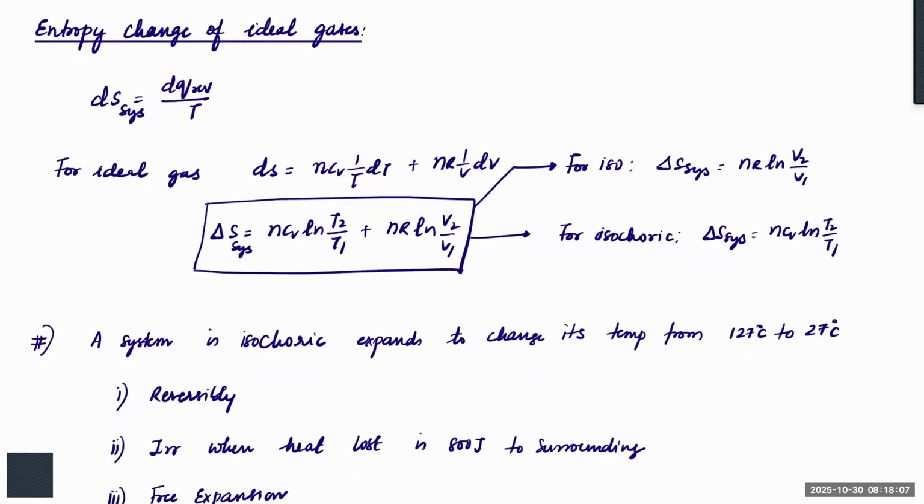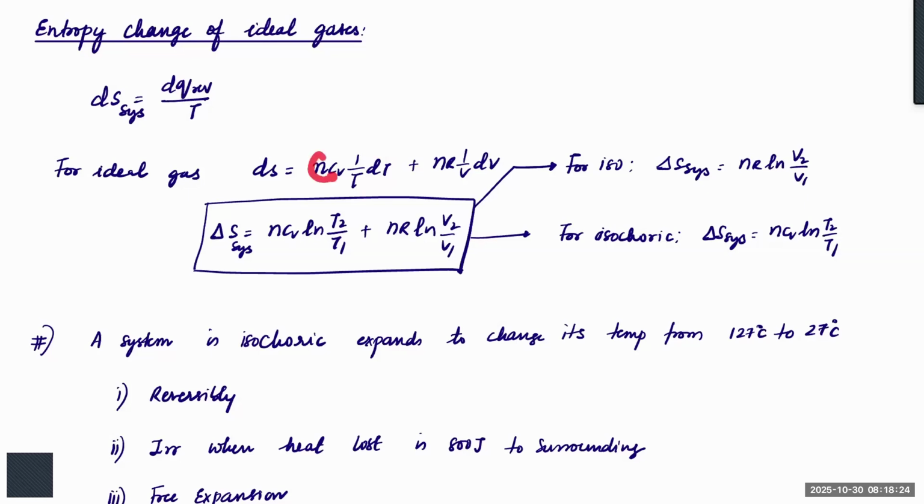Next, check out entropy change of an ideal gas. dS is equal to dq by T. For an ideal gas, dS is equal to nCv (1 by T) dT. Clear?